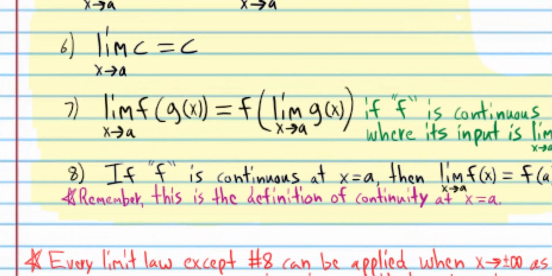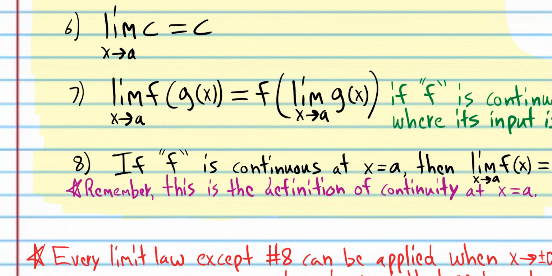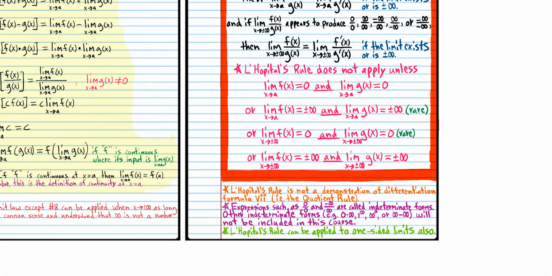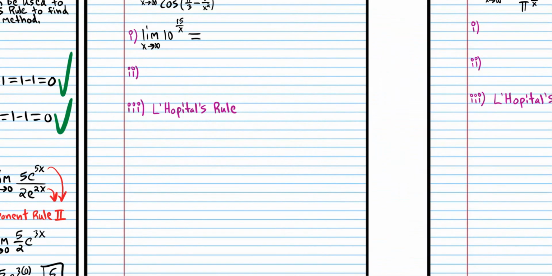Limit law number 7 says that if you have a composite function, which is this yellow expression here, and you're finding the limit of that expression, then you can just put the limit inside, next to the inner function. That's what that means. So we can use limit law number 7 if it makes you feel more confident.